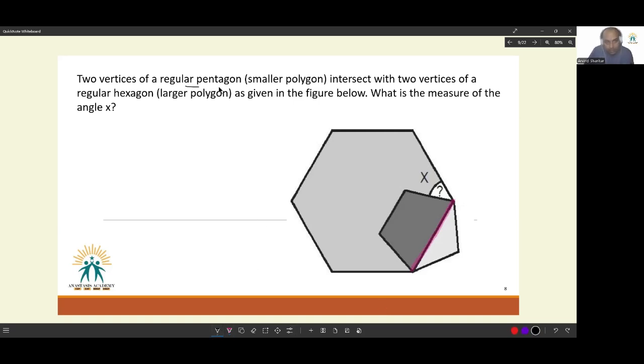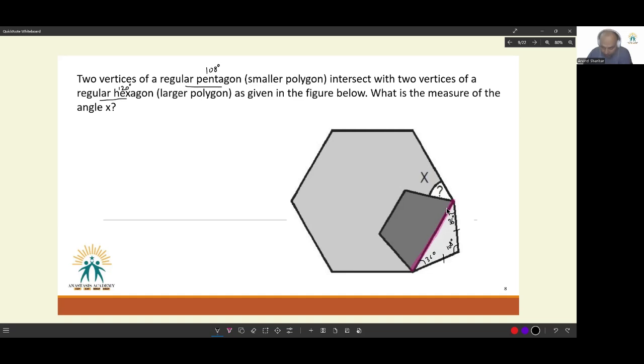Now, for a regular pentagon, every interior angle is 108 degrees. For a regular hexagon, every interior angle is 120 degrees. So, for the pentagon, this is 108 degrees. And given it is regular, these two sides will be equal, which would mean this angle is 36 degrees. This angle is also 36 degrees.